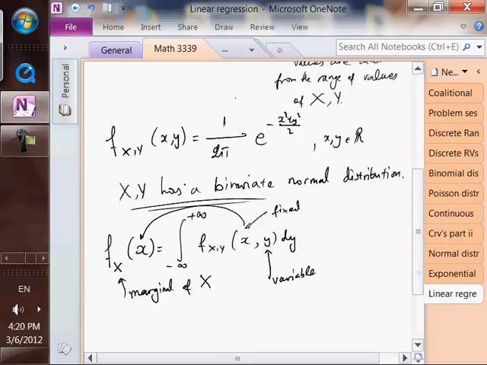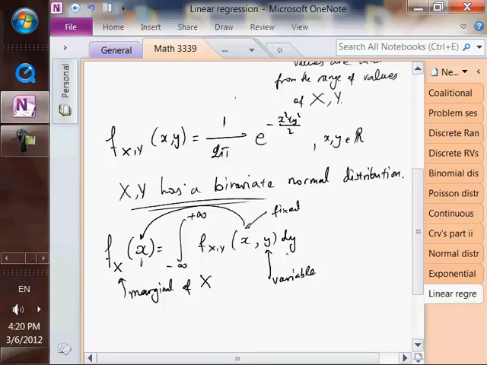If I want to find the value of the marginal density of x at a given point value of the random variable x, take the joint density, fix x to be that particular value that you have in the left-hand side, and take the integral by letting y run throughout the range of y.